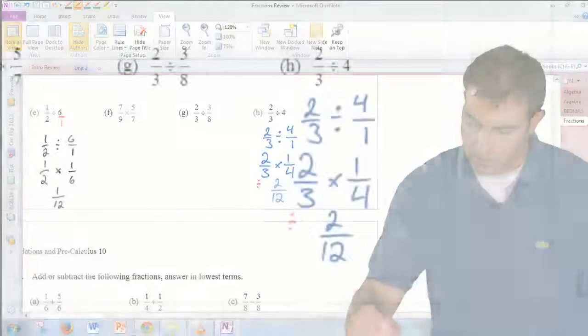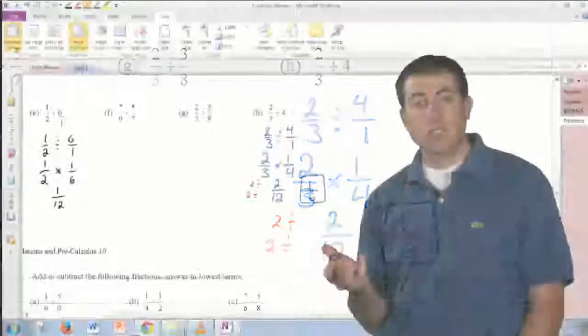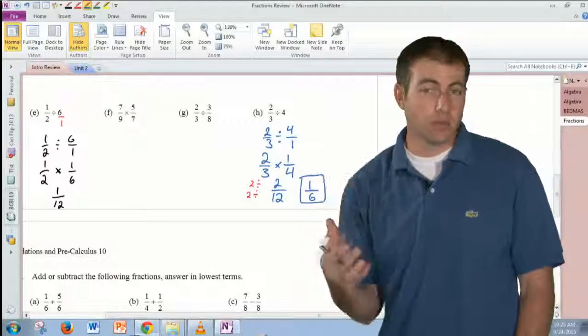So I'm going to divide the top by 2, and I'm going to divide the bottom by 2. So 2 divided by 2 is going to give me 1. And 12 divided by 2 is going to give me 6. So 2/12 and 1/6 are the same thing. And Taylor, you were a step ahead of me there. So that's how we simplify our fractions. We need to always remember to do that.